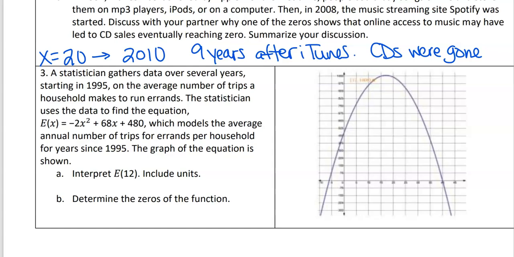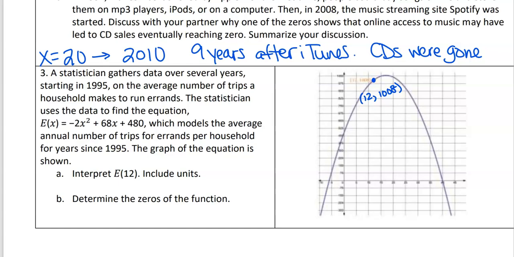All right, the graph of the equation is shown. Interpret E of 12 and include units. So it's kind of blurry on my screen. It's a little bit better shown on your paper. It says 12 and then 1008 is what that point is.